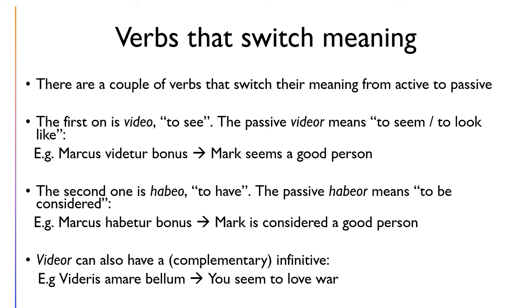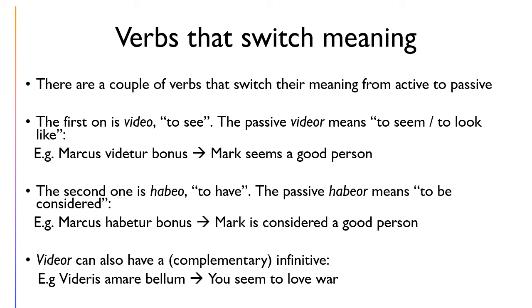The second verb is habeo. Habeo, with the active form, means to have, while with the passive form, habeor means to be considered. So if I say Marcus habetur bonus, it means Mark is considered a good person. And similarly, bonus will be a predicate adjective.